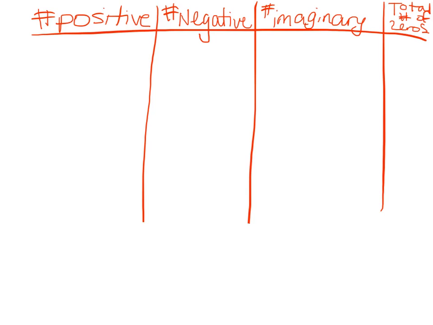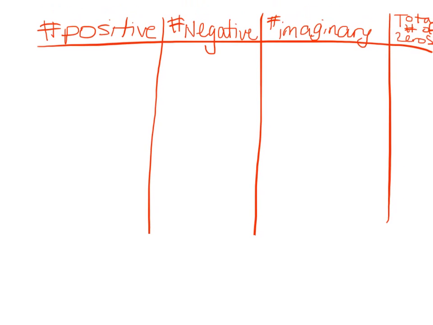So that means we're going to have 2 positive zeros or we're going to have 0 positive zeros. But we also determined that there could be 2 negative zeros, or we could have 0 negative zeros.